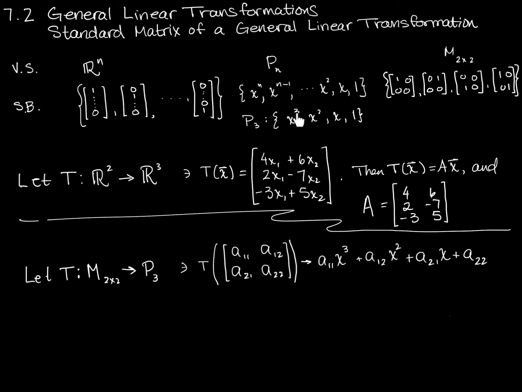So I don't need any powers greater than 3 here. Remembering that the dimension of P sub n was n plus 1, the dimension of P sub 3 is 4, and there are four things in my collection. So those are the standard bases for the space that I'm coming from, the domain, and the space that I'm going to, the range.